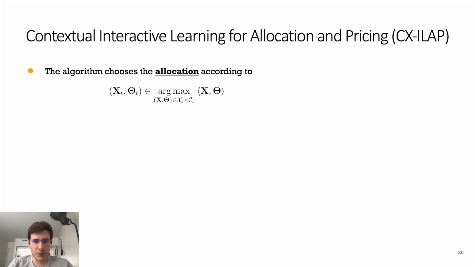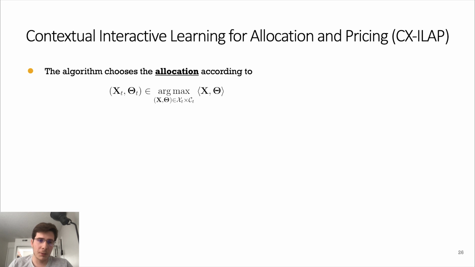The algorithm chooses the allocation at each time by maximizing both the allocation and the parameter theta over the set xt cross ct. It maximizes the allocation among the allocations that are valid, while it also maximizes the parameter theta within the confidence set that we have currently, ct.